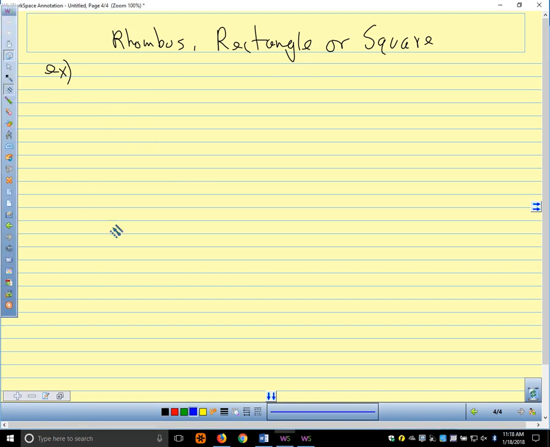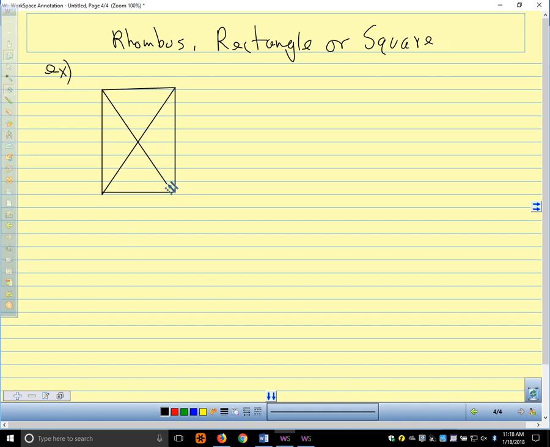So here's our first example. I'm going to say that's 7, 7, 7, 7. This is a parallelogram. So we want to know rhombus, rectangle, or square.